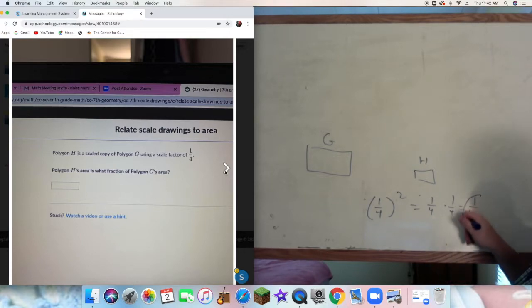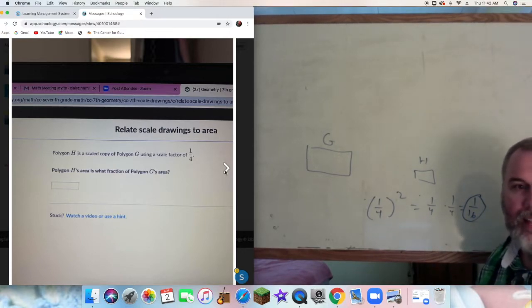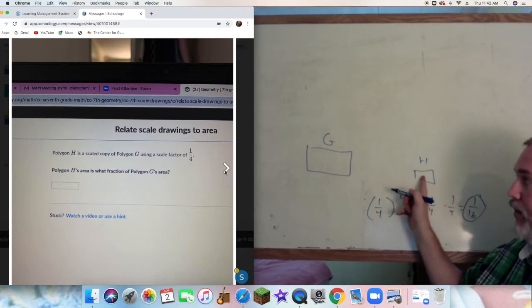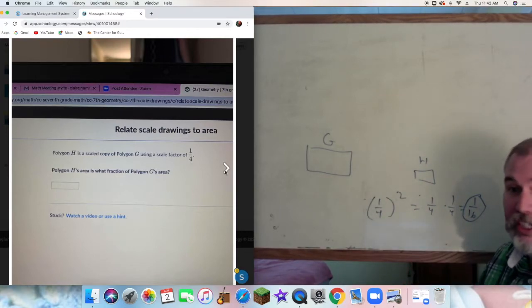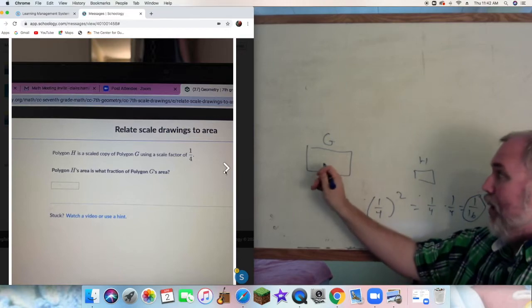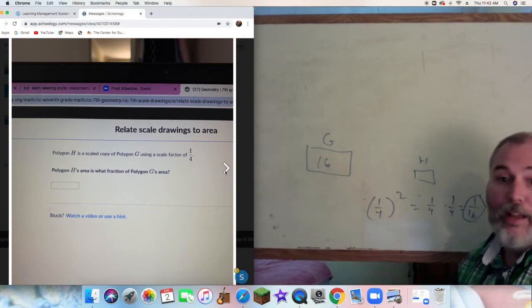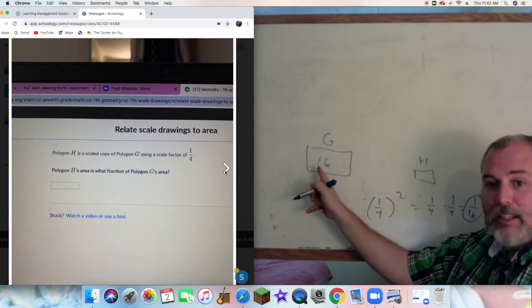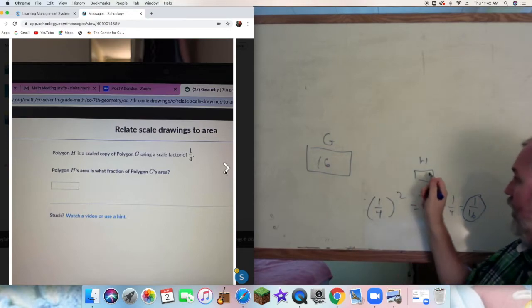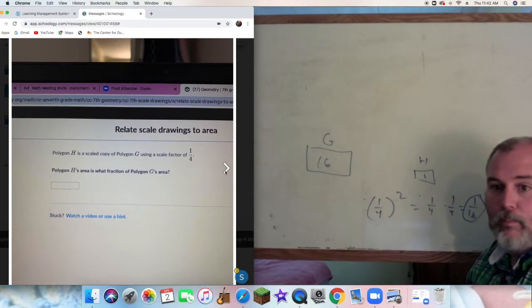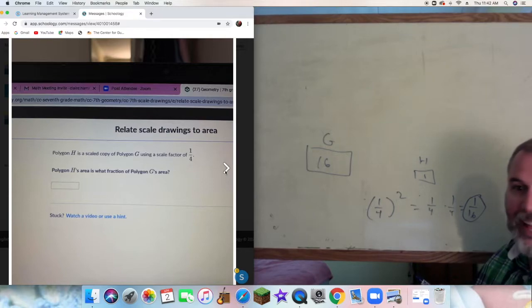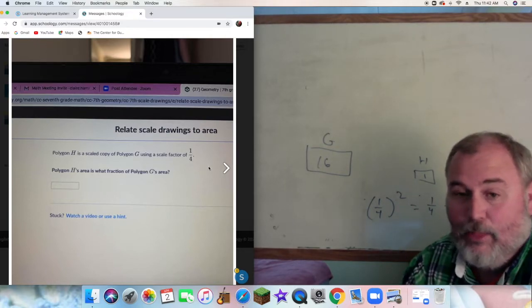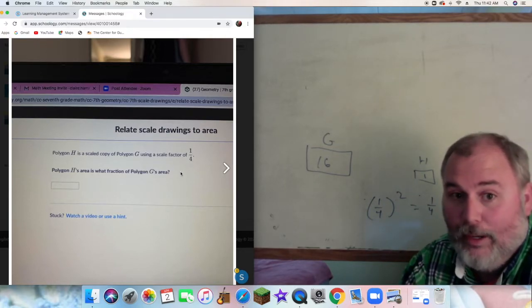So the actual fraction is that H is 1/16 of G. If this happened to be an area of 16, I would have gone 16 times 1/16, and that would have been 1. So my answer for this one is 1/16. It's just the scale squared.